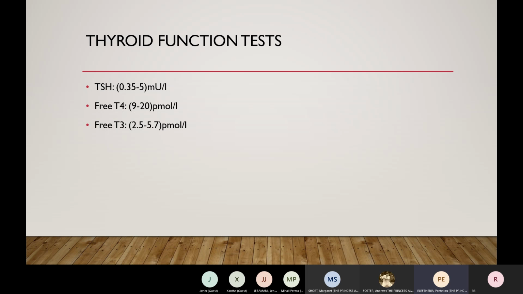The range that you see there on your screens is quite wide, and it's based on a range established from wider population studies, and that doesn't really take into consideration factors like age, gender, ethnicity, BMI, iodine content in diet, and so on.